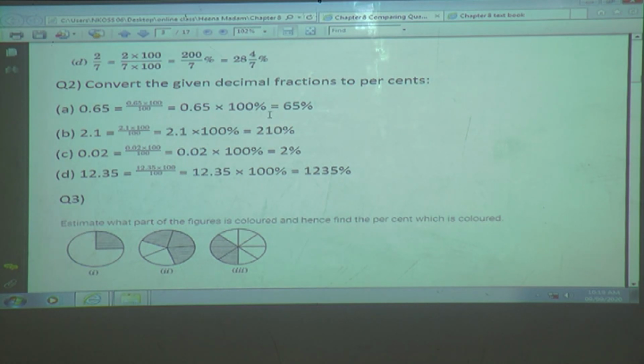When it is multiplication by 100, you are very well aware, we just have to jump the decimal 2 digits forward. So it will be 65%.